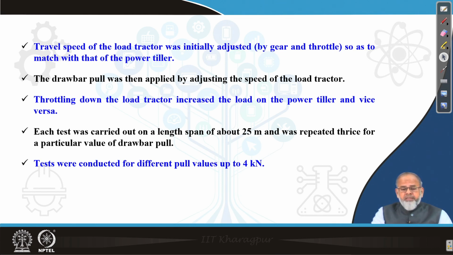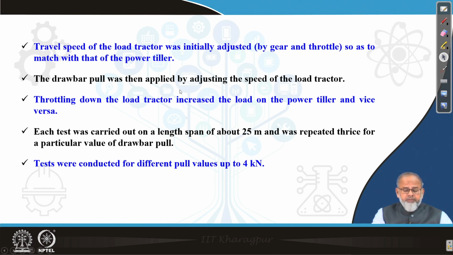Initially the speeds are the same for both the tractor and the power tiller. Later we changed the speed of the tractor, because the power tiller, whether attached to a track or to a wheel, is to be tested for its pulling ability.